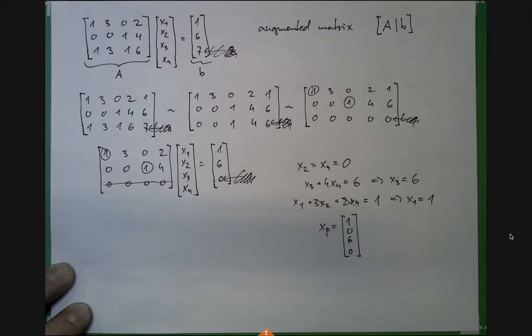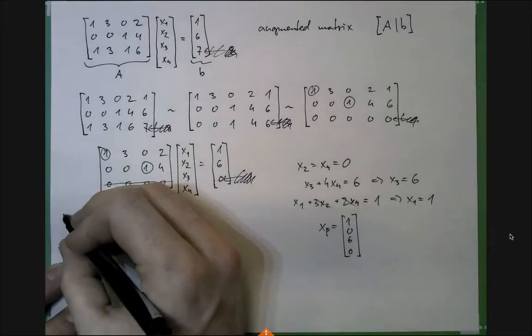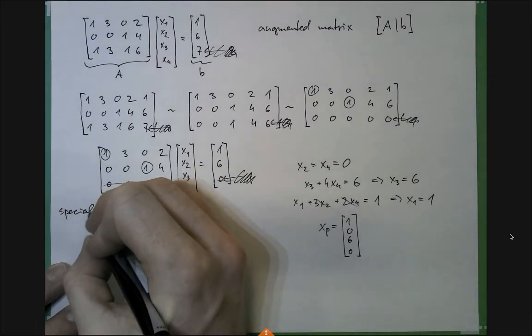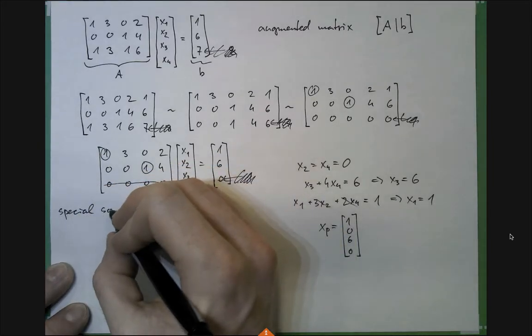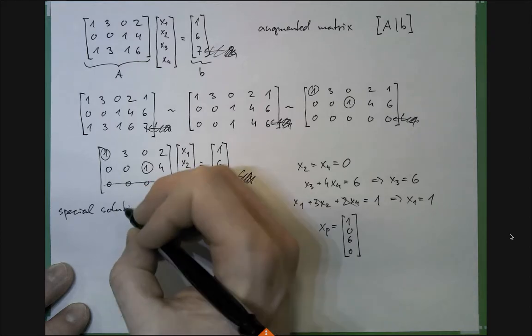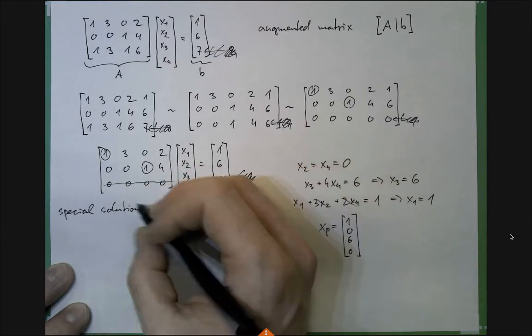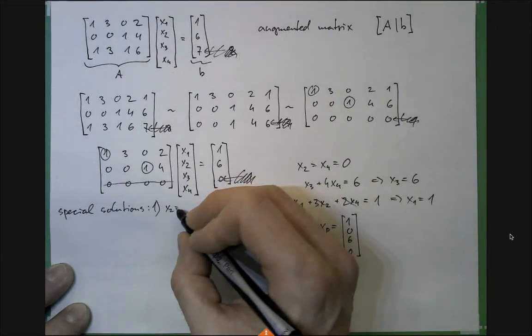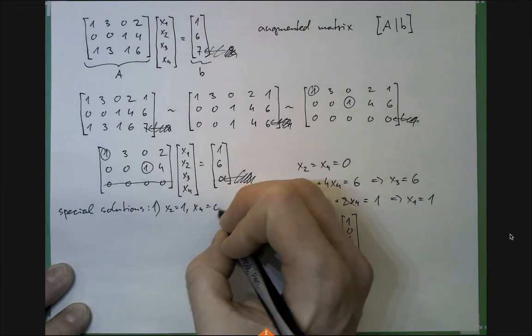So you were previously asking how to write the entire set of solutions. So we need to look at the special solutions. So what are the special solutions in this case? It will be quick enough. So for special solutions, again, I put x2 to 1, x4 to 0.